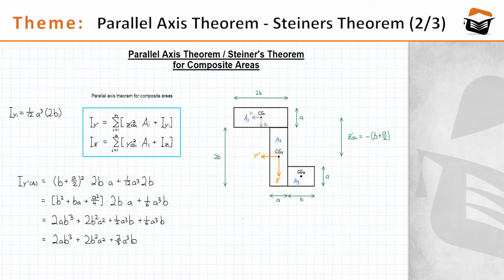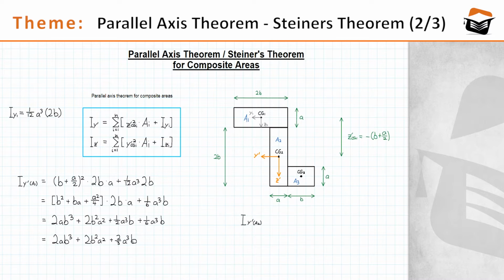Now comes I sub y prime for A2. And this is going to be much shorter than for A1 because the reference axis, which is the y prime axis, is a centroidal axis.